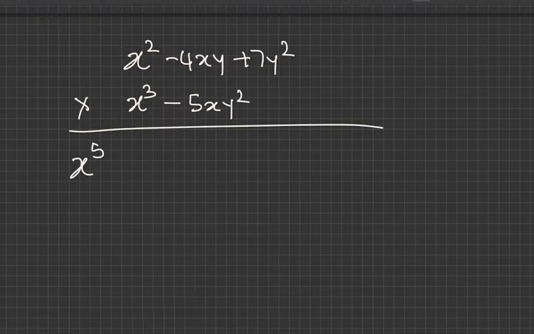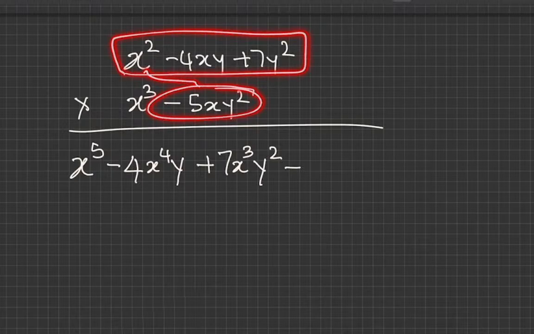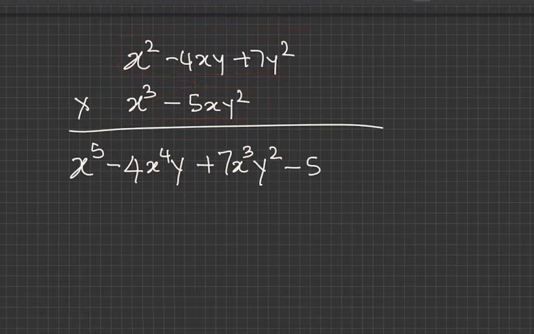So I have, and then minus 4 x to the power 4 y, and then plus 7 x to the power 3 y squared, and then I have negative 5. So then now I take the negative 5 and multiply it with all the terms here. So negative 5 x to the power 3 y squared plus 20 x squared y squared, then negative 35 x y to the power 4, right?